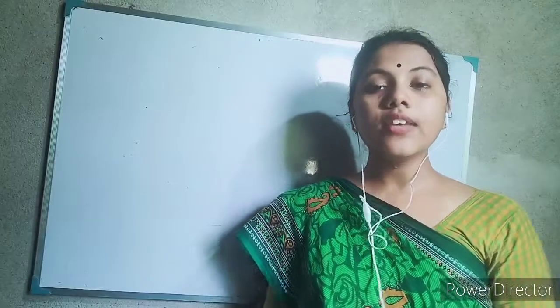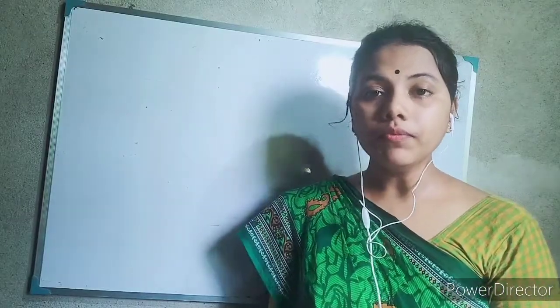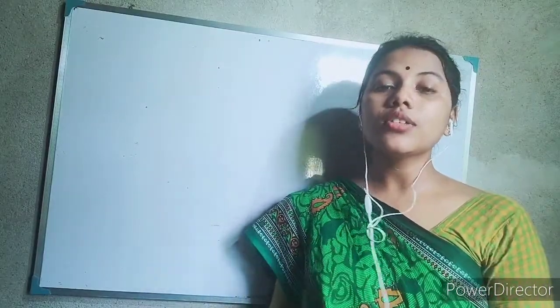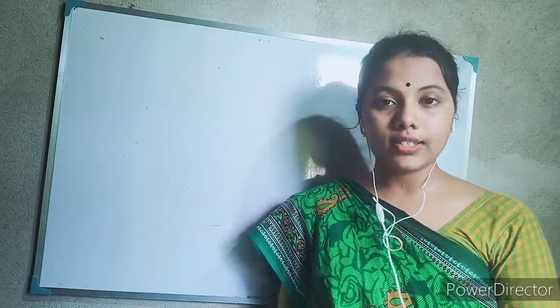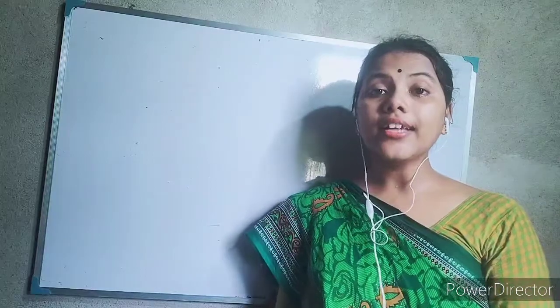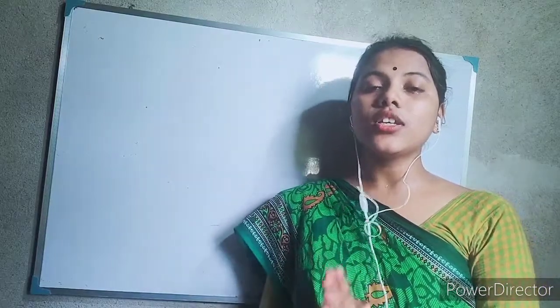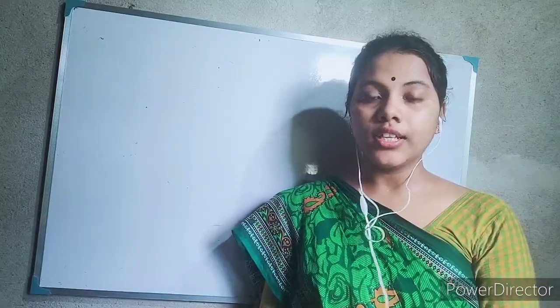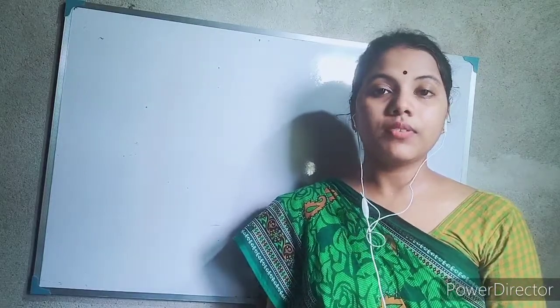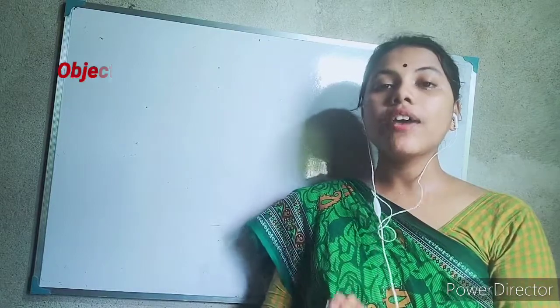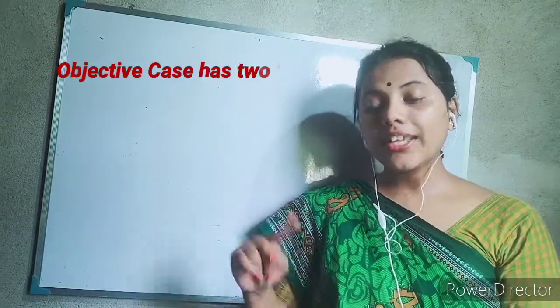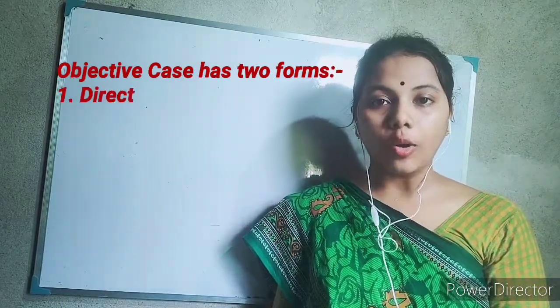For example, if I say I know him, you see him is used as the object of the sentence, so it is the objective case. If I say I like tea, you see tea is used as the object of the sentence, so it is objective case. Now, objective case is divided into 2 parts, direct object and indirect object.